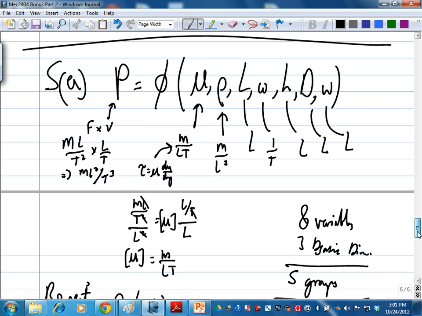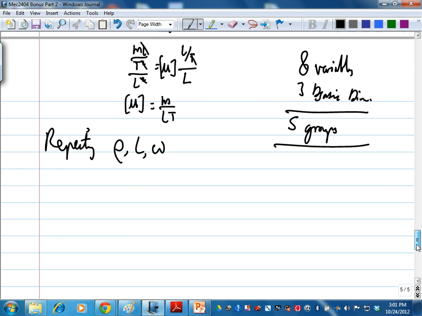So on this side, I'll have P times rho to the A, L to the B, omega to the C equals dimensionless.